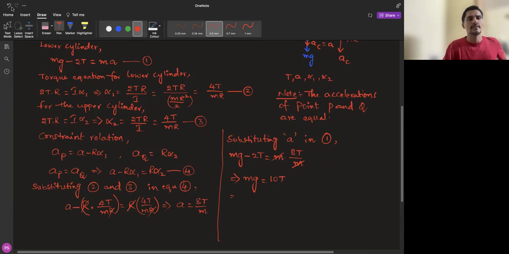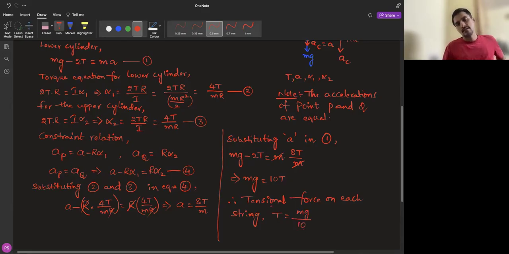Therefore, the tensional force on each string, T is equal to mg by 10. That's it. This is the tensional force.